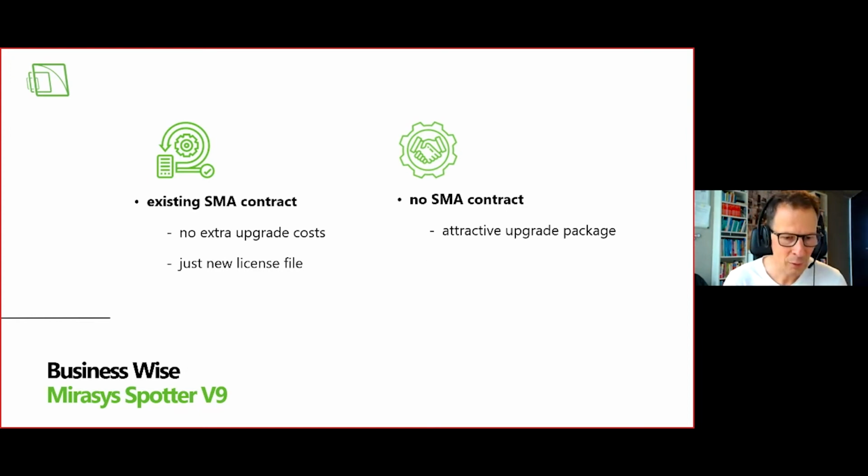That means within 1 year, you're getting the latest features and the system is not maturing. You're getting just a new license and that's it. After this year, the SMA can be bought from us for a small portion of money. And so you can continue with upgrading the system to the latest version.